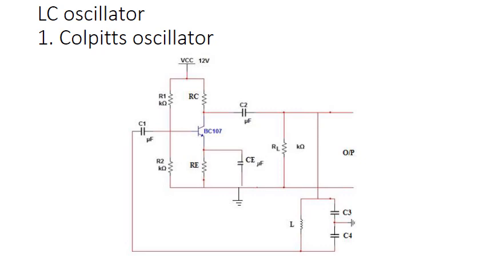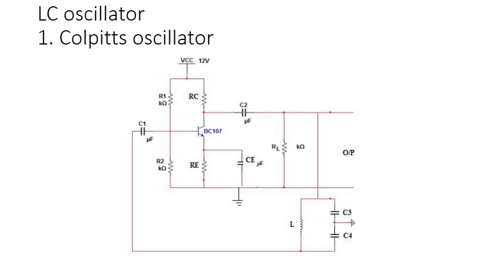In the previous slide we have seen the RC phase shift oscillator. Although the RC feedback oscillator is generally used to generate frequencies up to 1 megahertz, LC feedback elements are normally used in oscillators that require higher frequency of oscillation.